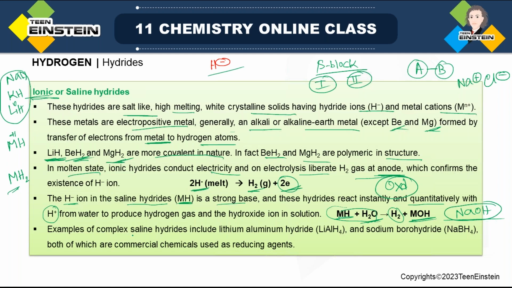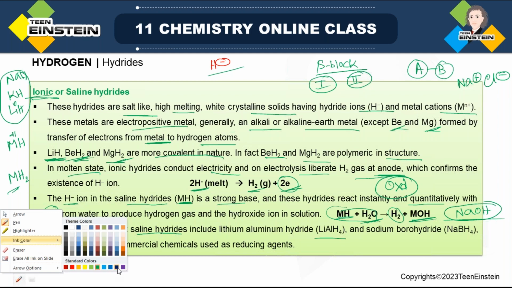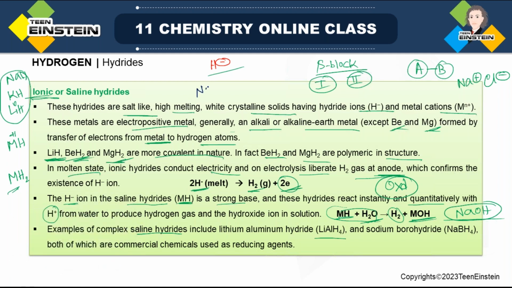Next point, examples of complex saline hydrides. Look at this formula, lithium aluminium hydride. They are not like the conventional formula that we have seen until now, by conventional I mean NaH or KH. It is lithium aluminium hydride.